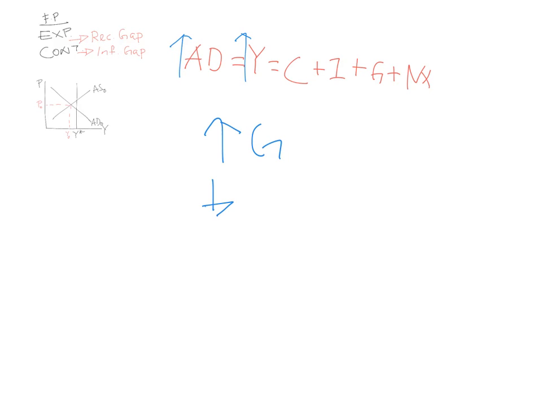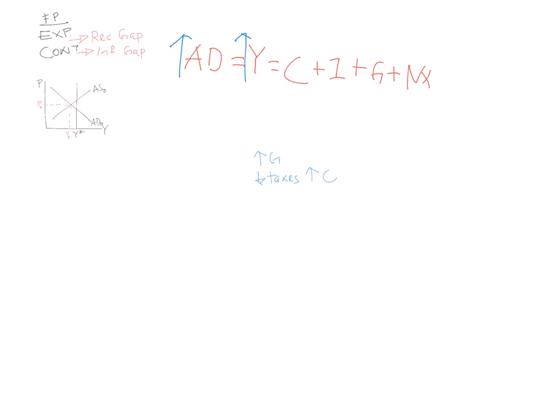It could potentially reduce taxes, which has the net effect of increasing consumption and investment as well. But we just keep it simple for now. So let's say it takes one of these options or even both of these options.